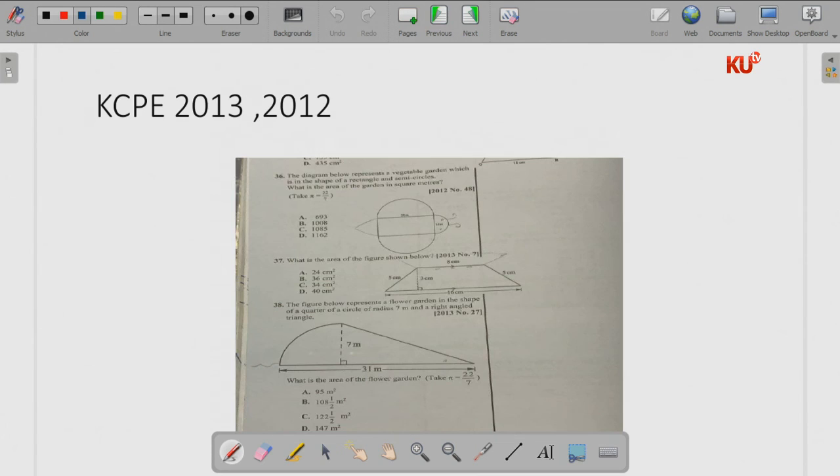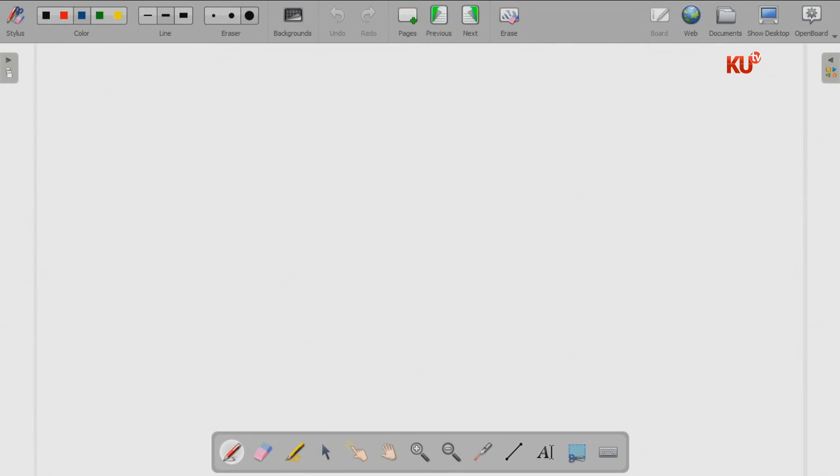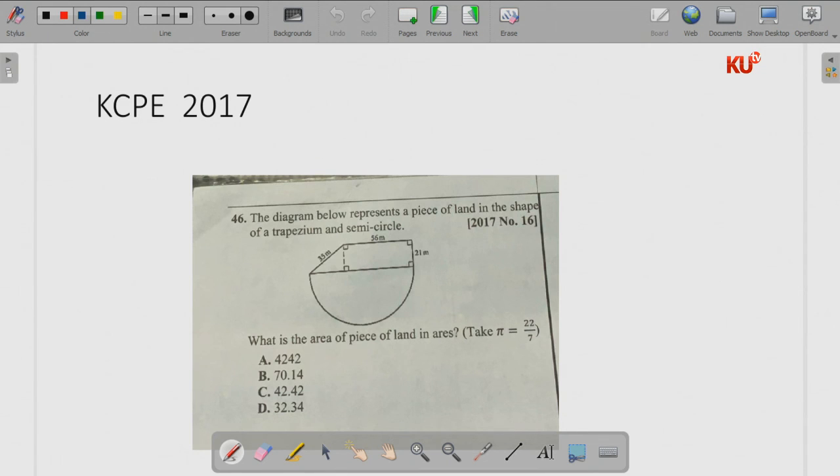We have 2013 and 2012. We have different shapes there. And now let's go to 2017, which will be our last question. So if you check this 2017 question, you will realize that there are different shapes, two shapes.